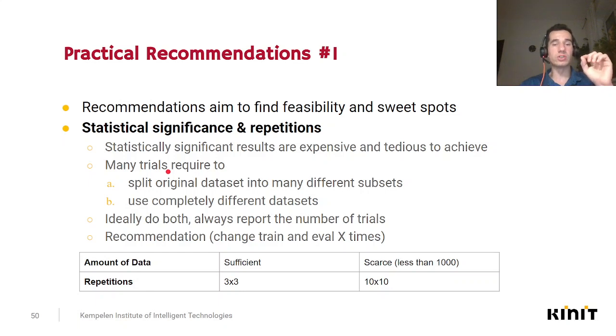So the authors recommend to change train and evaluation set at least X times, which is 3 by 3. So change train set 3 times, evaluation set also 3 times, when we have sufficient amount of data. When we have scarce data, so only less than 100,000 samples, for instance, at least do 10 by 10.